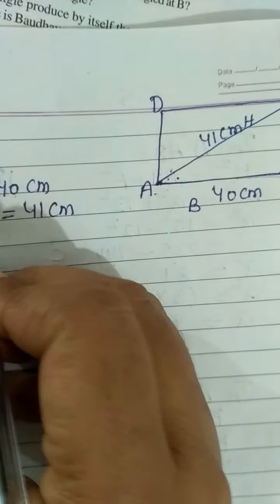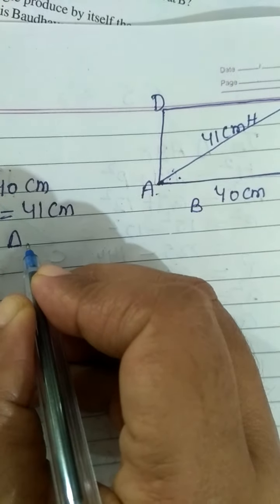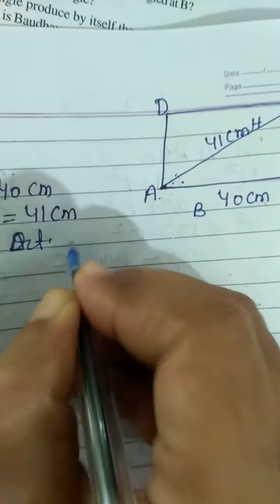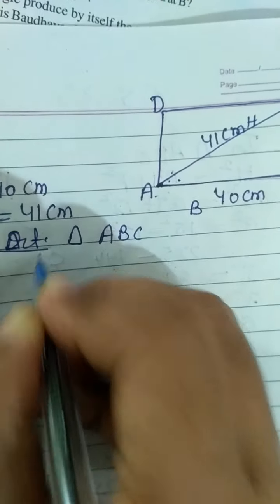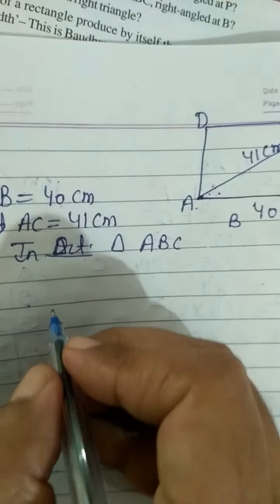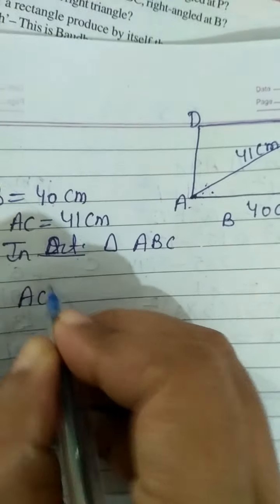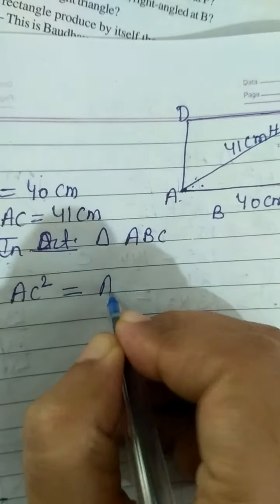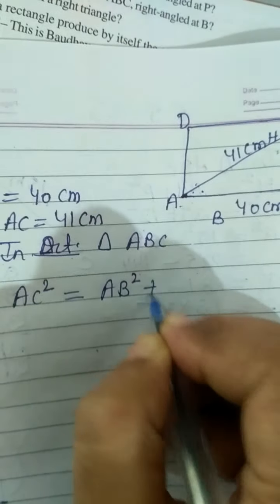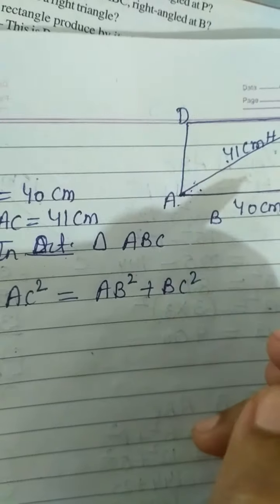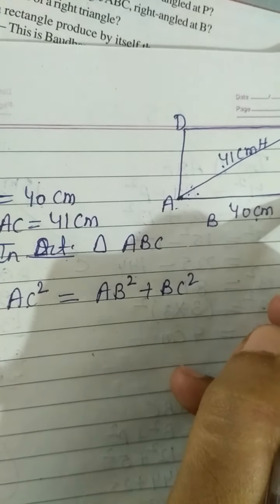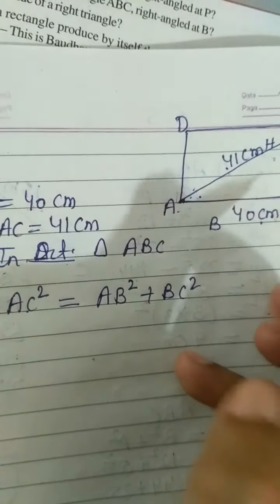As we know that in right triangle ABC, right means one angle is 90 degree, AC square is equal to AB square plus BC square. Our AC is hypotenuse, AB is base and BC is perpendicular.